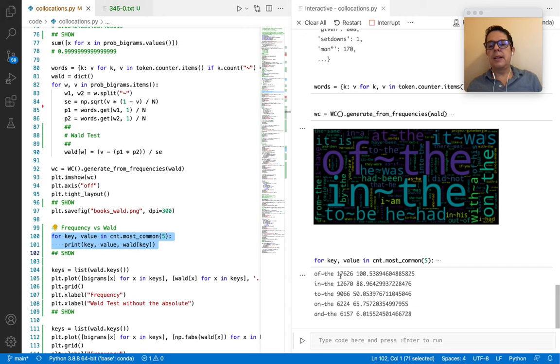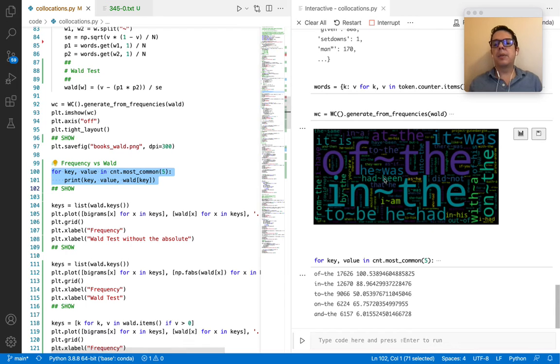As we can see here, the frequency is getting lower, but on the other hand, the Wald statistic is, okay, this is lower, but this is higher. So we can see that they are not computing the same thing, but still we don't have information to know why we are seeing the same thing.